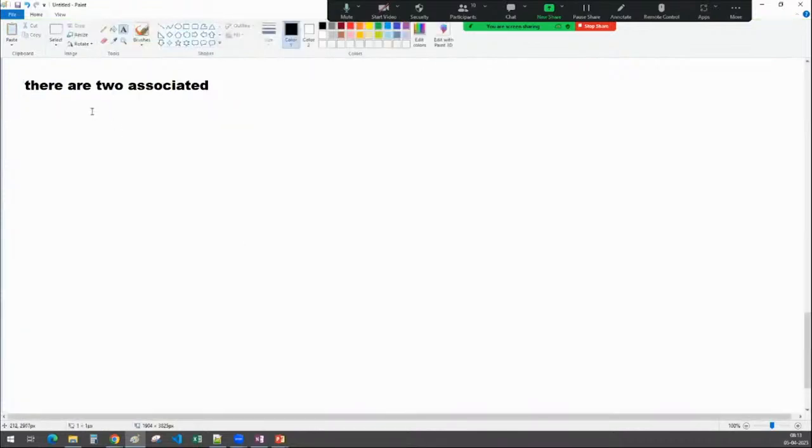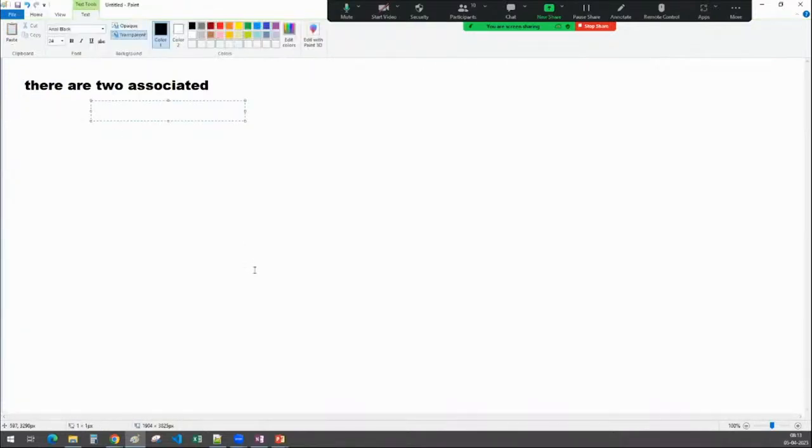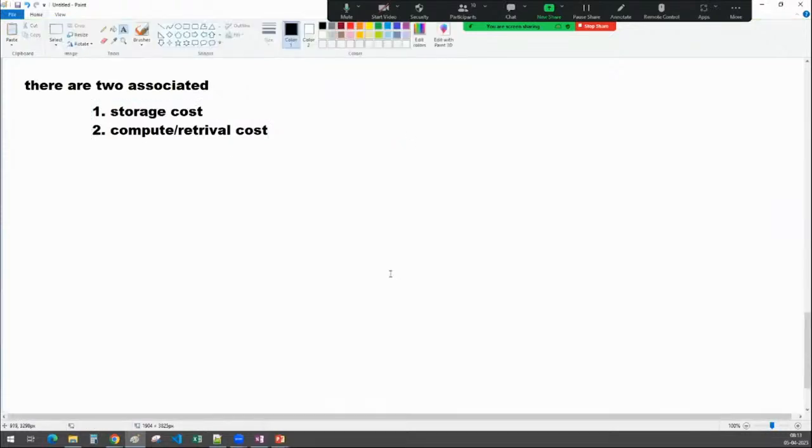If you are working with any resource in GCP, and not only in GCP, even if you go to AWS or Azure, there are 2 costs associated. One is storage cost. One more is compute or retrieval cost. Okay, one is storage cost, one more is retrieval or compute cost.